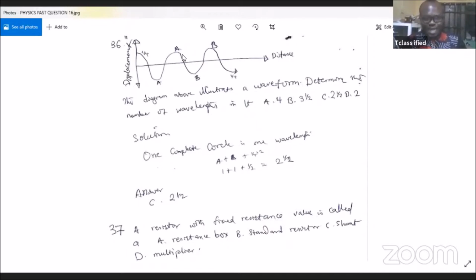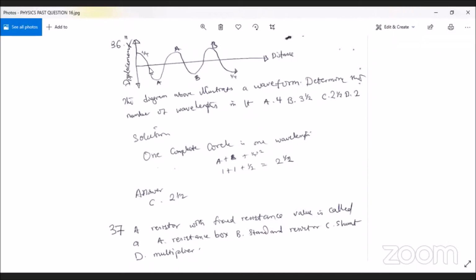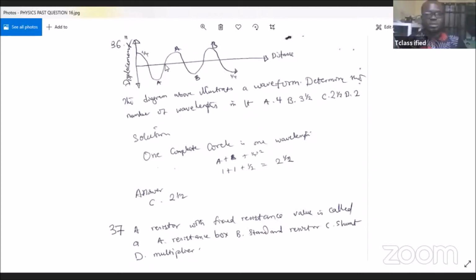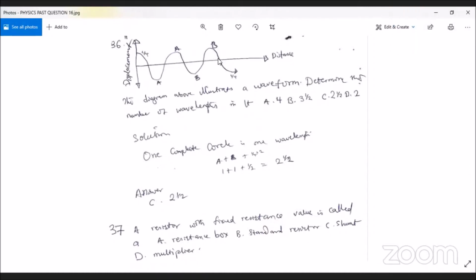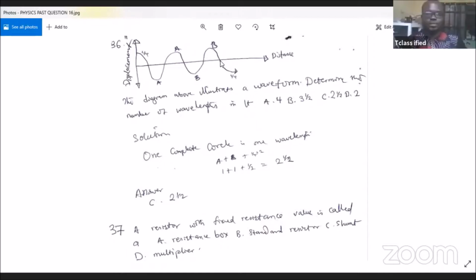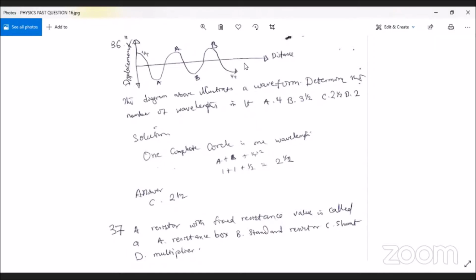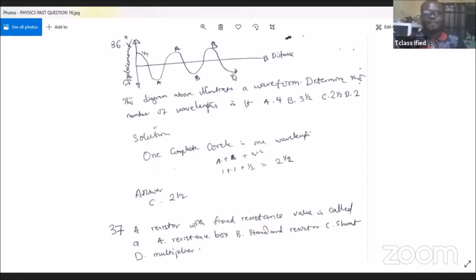And this is another half. It must curve fully like this to be half. Then if you curve again, it becomes one full wavelength, which is a complete cycle. This one also, half and half another one, that's another complete cycle. But you have this here is quarter because it did not reach half. So you have this quarter plus this quarter, making it half. So we have 2.5.